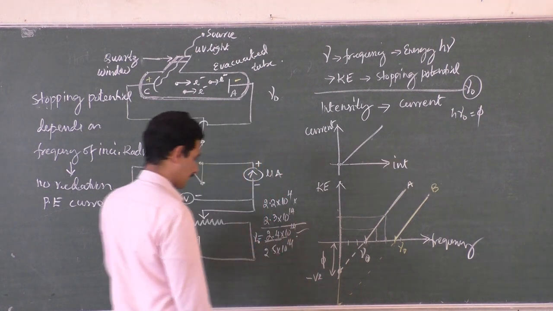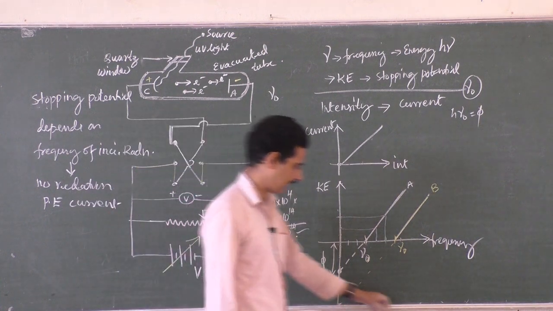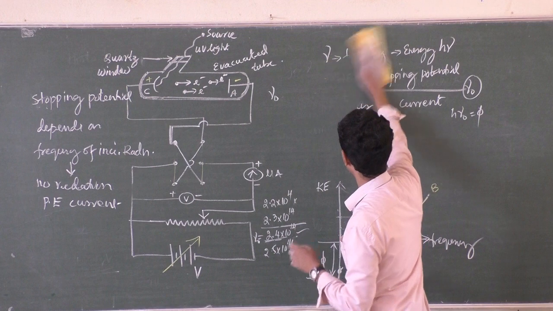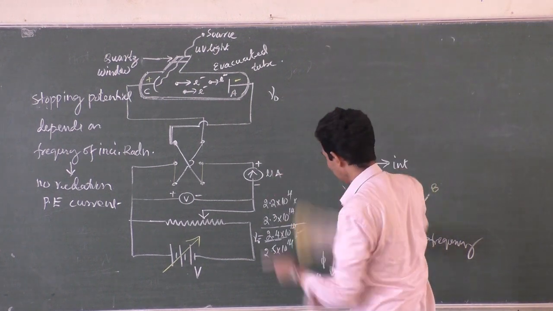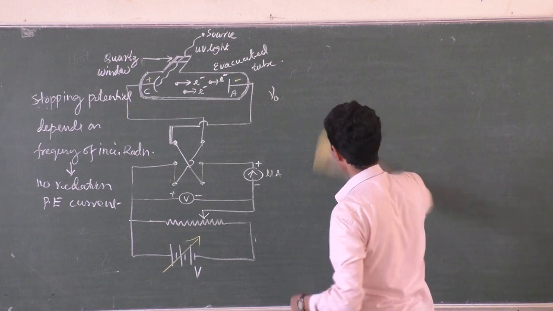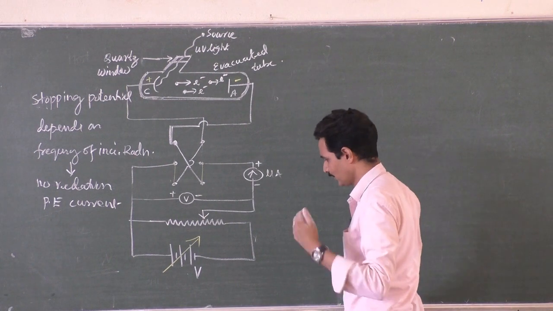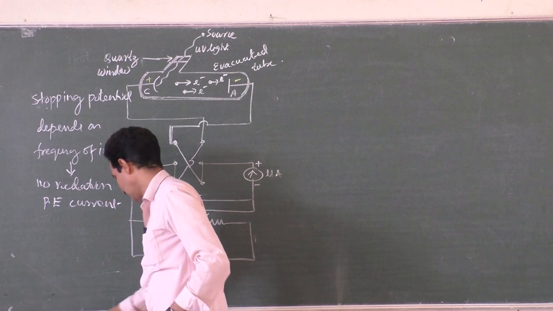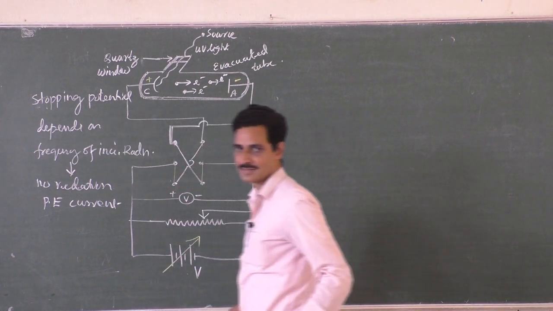Now we will go to another important graph, that is photoelectric current. You have to remember these points. Photoelectric current versus stopping potential. That is more beautiful now. If you have followed the photoelectric effect, you can understand this.